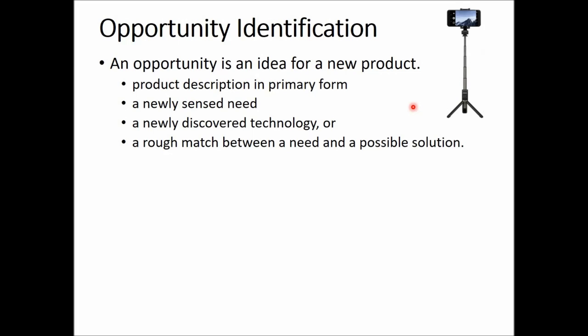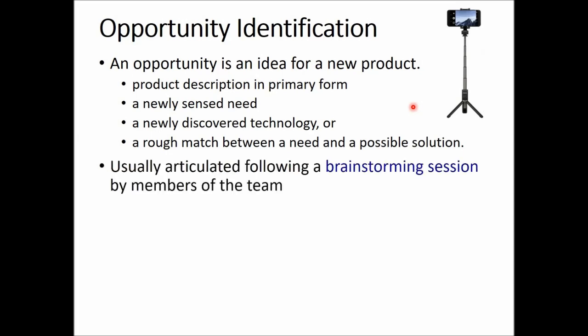And then the opportunities can be created as a result of newly discovered technologies. So as a technology evolves, you get opportunities to develop new products by using new technologies. And then when you see a rough match between a need and the possible solution, there are needs coming from the society, and when you see some possibilities of implementing or finding solutions for these needs, you consider them as opportunities to develop products.